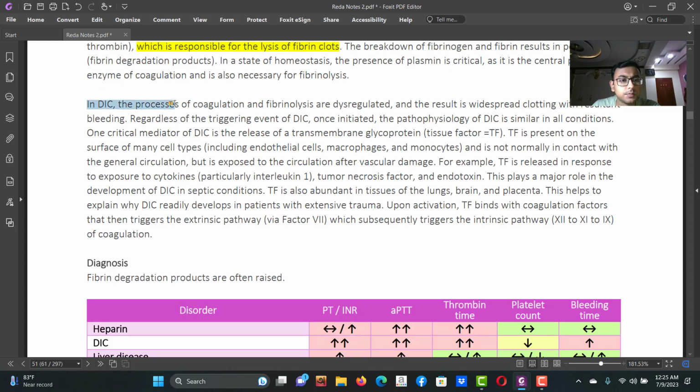So in DIC, the processes of coagulation and fibrinolysis are dysregulated, and the result is widespread clotting and resultant bleeding. You can see that coagulation and fibrinolysis must occur step by step. If that is dysregulated, the coagulation system is hampered and the bleeding is prolonged.